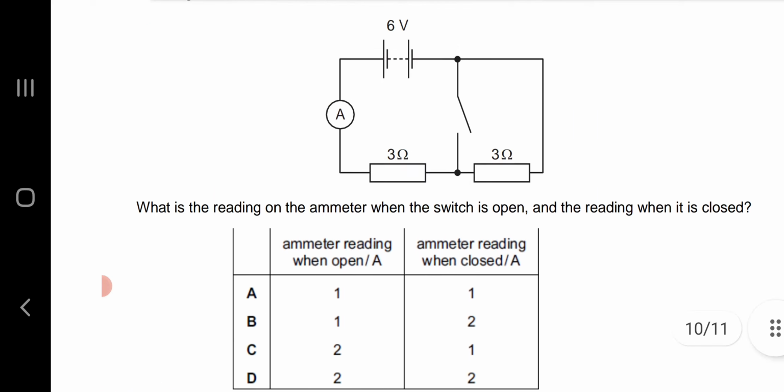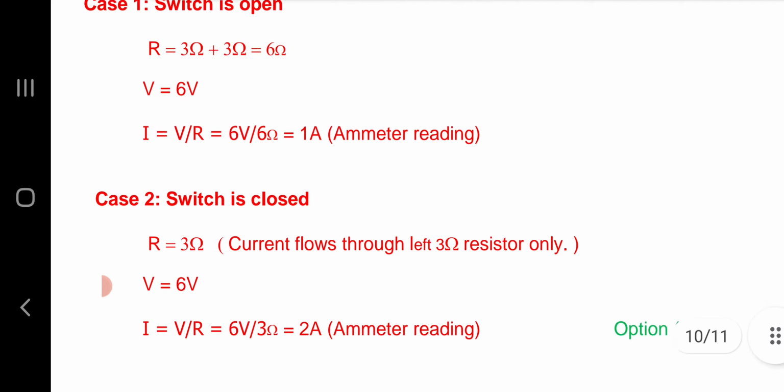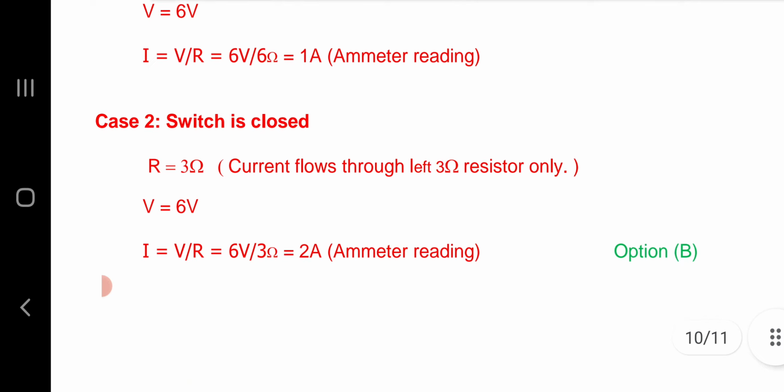After closing the switch, the 3 ohm resistance at the right will be bypassed, and the current will only flow through the left 3 ohm resistor, which is close to the ammeter, and in this case the current will be doubled. So option B.